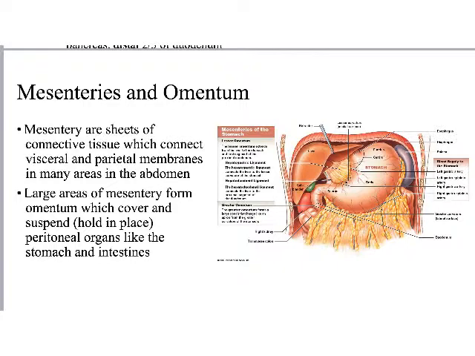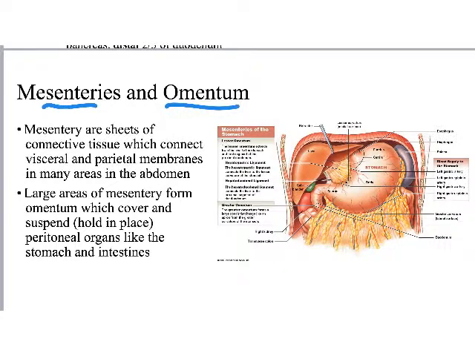So the peritoneal layer or lining in some places becomes a bit more substantial, and it functions to kind of hold things in place. And in those areas, we call that part of the peritoneum mesentery or omentum. So mesentery are sheets of connective tissue that kind of connect the visceral and parietal membranes of the peritoneum, like we were talking about.